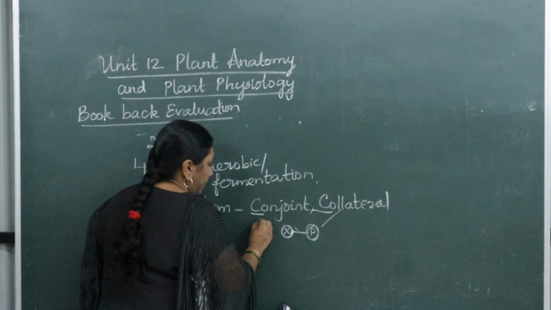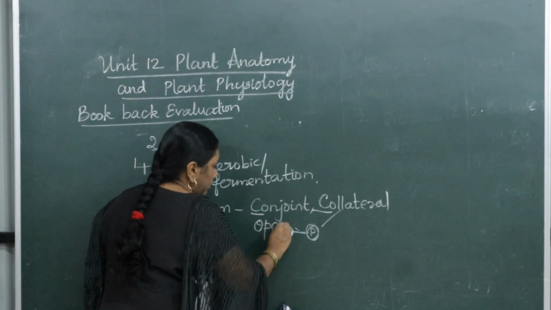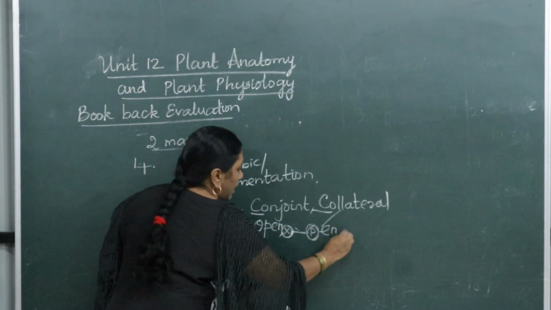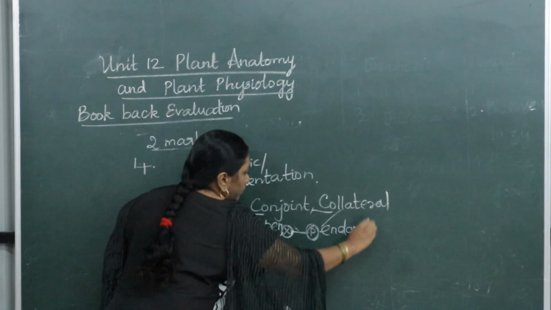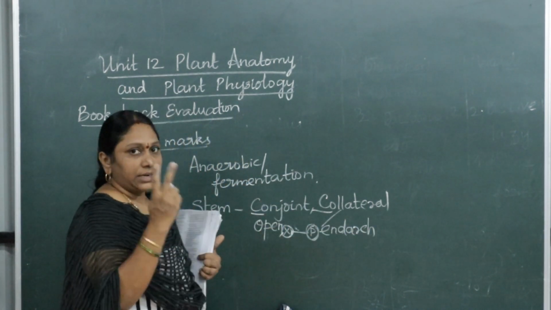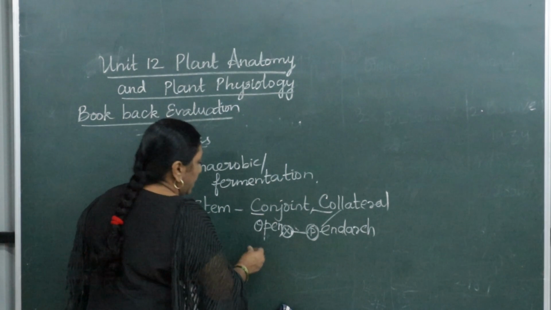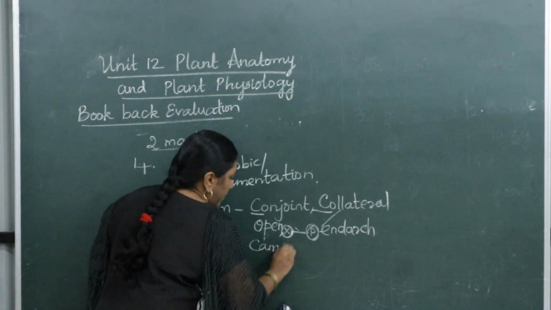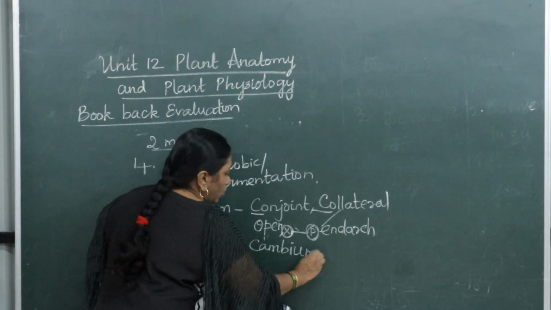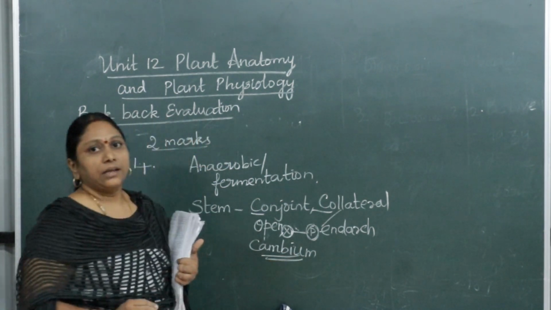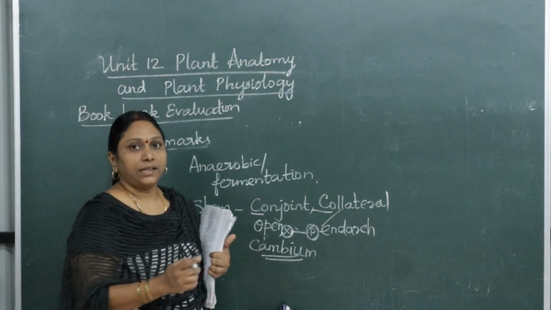Conjoint, collateral, open and endarch. These 4 words are enough. Remember the 2 Cs, conjoint, collateral. Open means if a tissue called cambium is present, we call it open. Cambium is a tissue responsible for secondary growth.